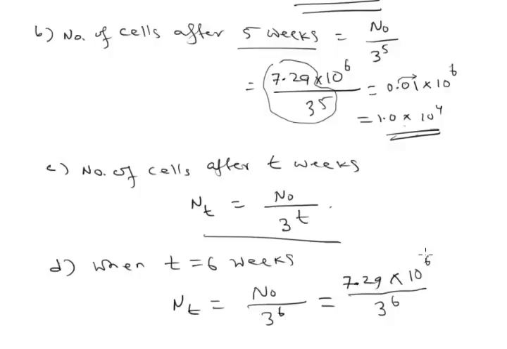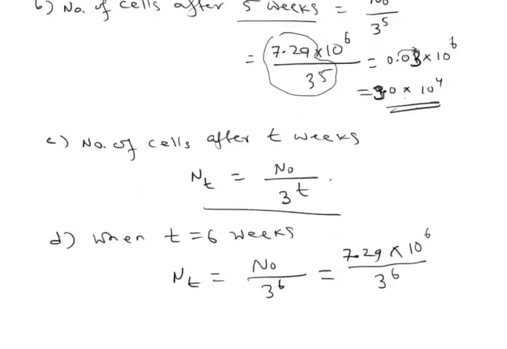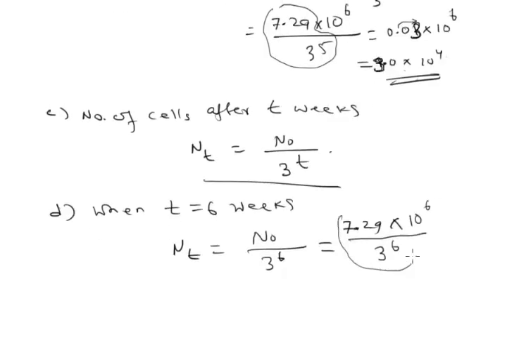Okay, we made a little mistake here in the calculation. The calculation 7.29 divided by 3 to the power 5 would actually give 0.03, which would be 3.0 times 10 to the power 4. And actually, if we calculate 7.29 divided by 3 to the power 6, we get 0.01.